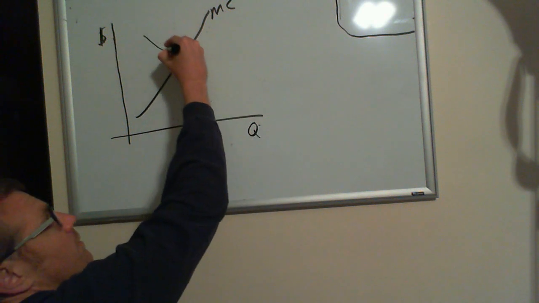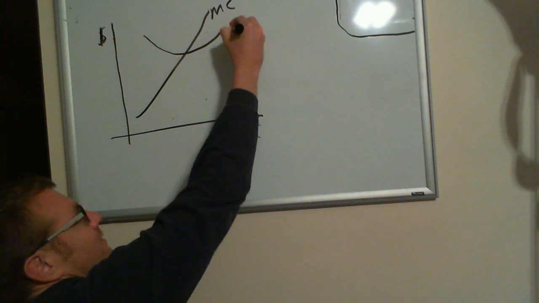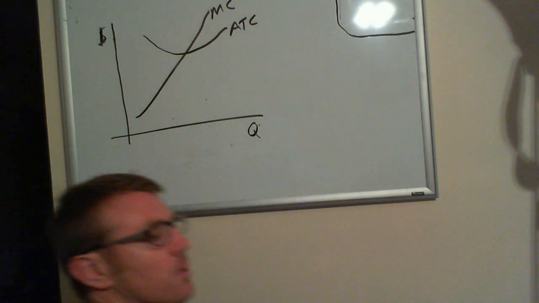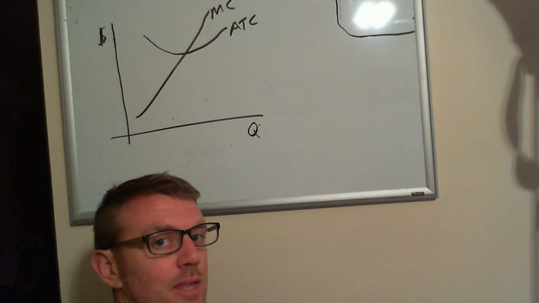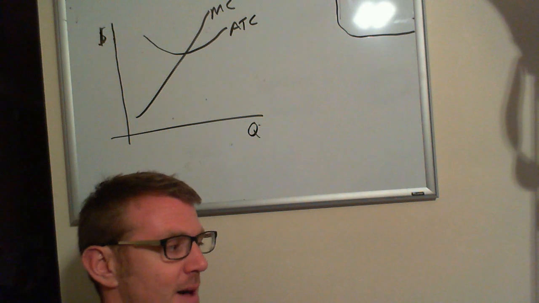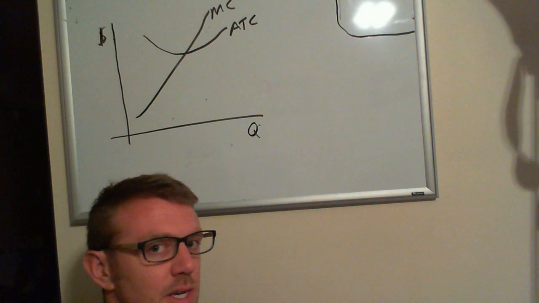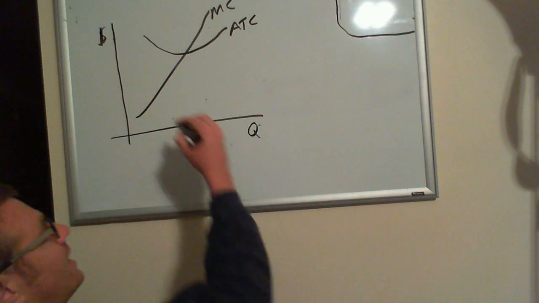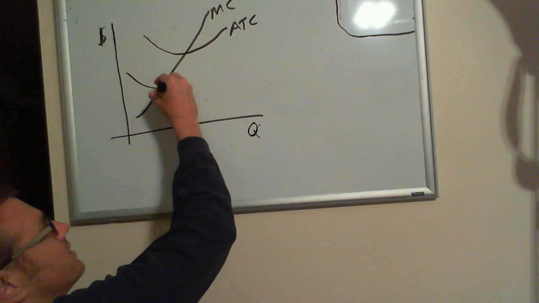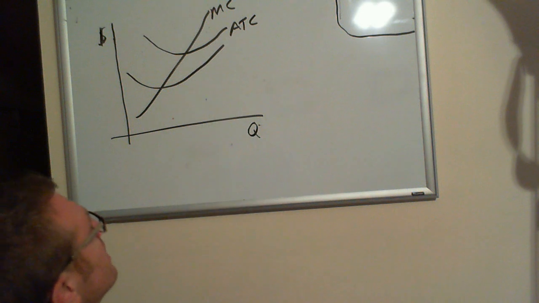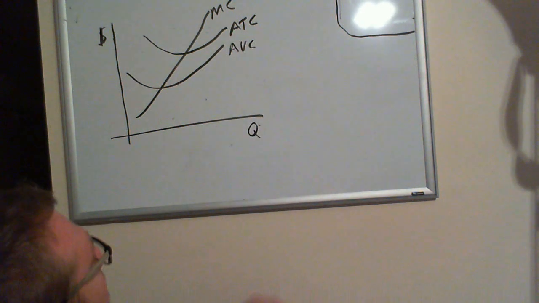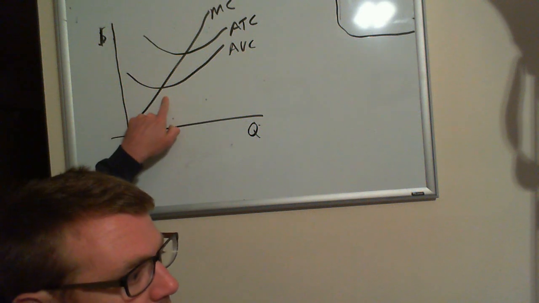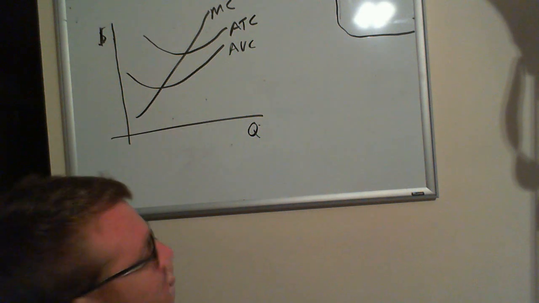So we now have an average total cost curve that's U-shaped, and the marginal cost curve goes to the minimum of that. The other thing to notice is that average variable cost is the same. Average variable cost is also U-shaped, and marginal cost crosses it at its minimum.